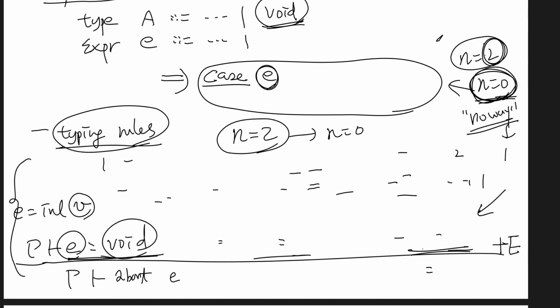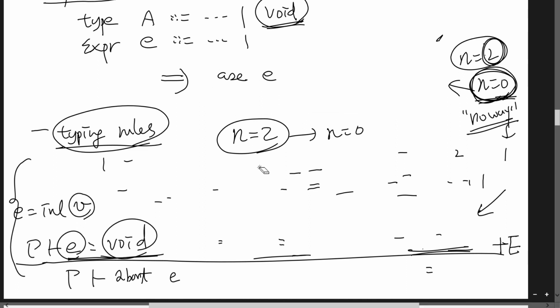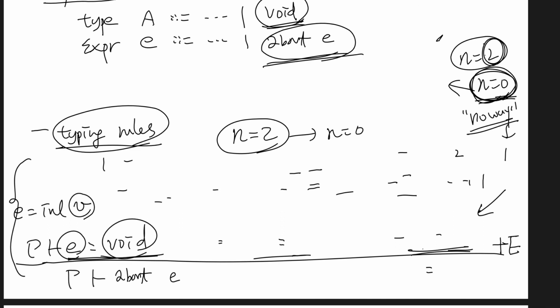And this abort expression is going to be now abort E. We don't have a counterpart of this abort expression in conventional programming languages, so it is only interesting in theory.